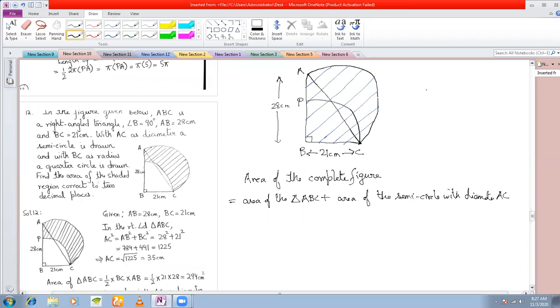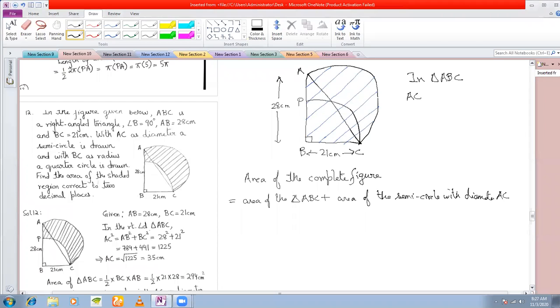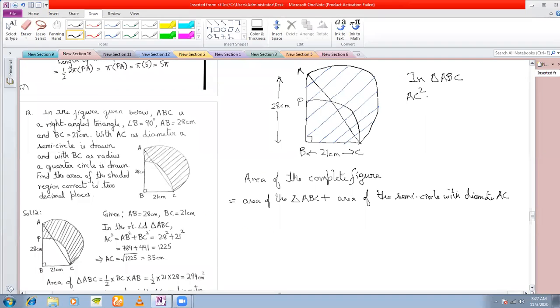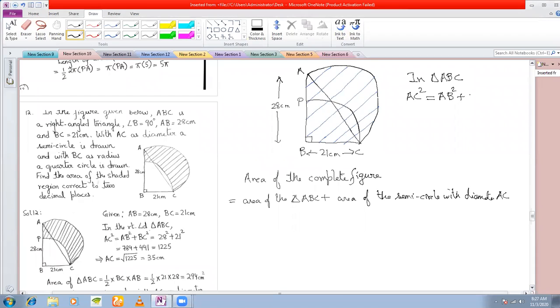So let us proceed to find out the hypotenuse by Pythagoras theorem. So we have in triangle ABC, AC square is equal to AB square plus BC square.